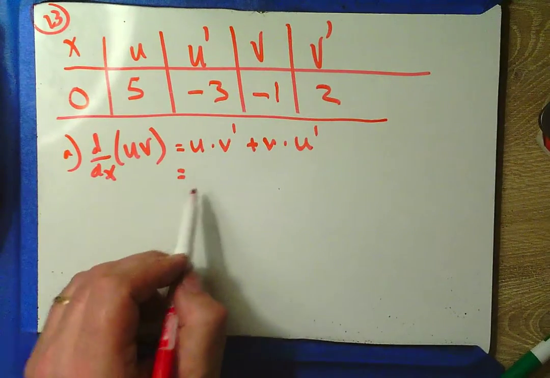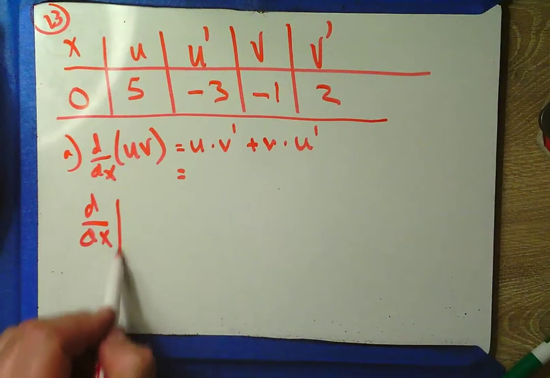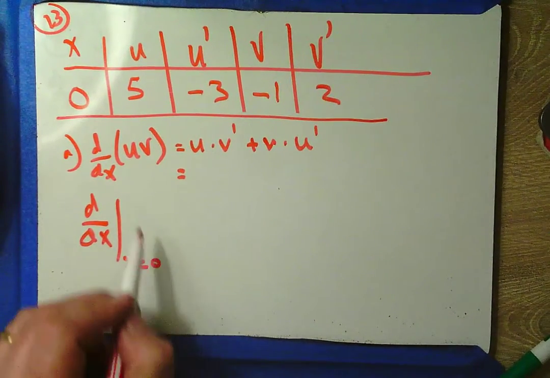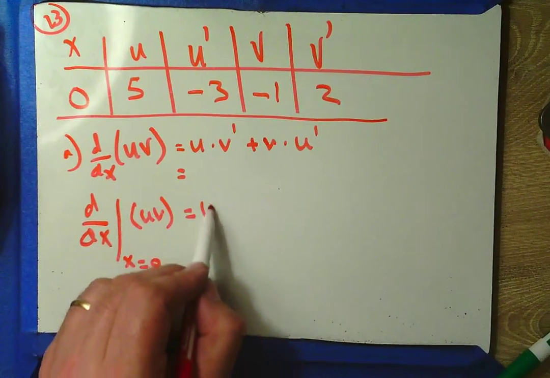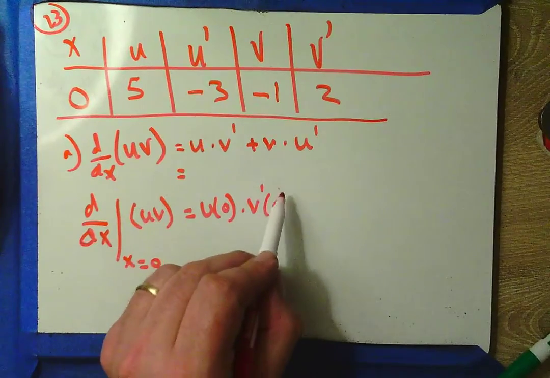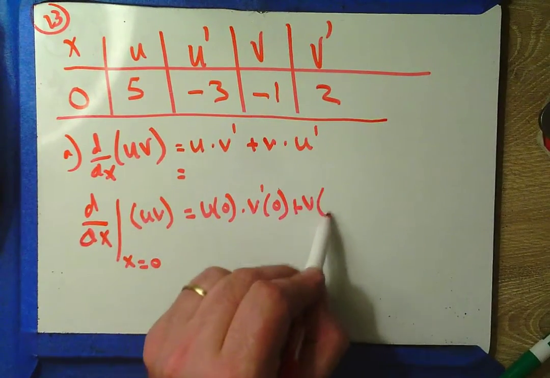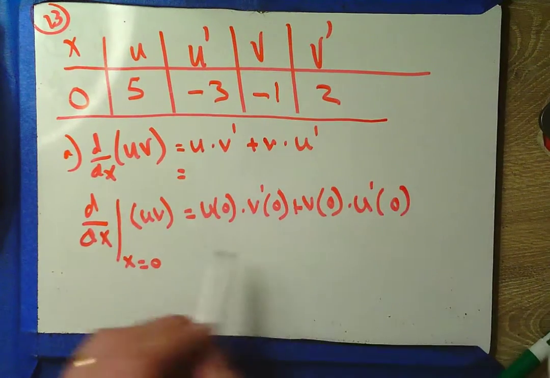And really what we're doing, since we want to know d dx at x equals 0 of u times v, we're really looking at u of 0 times v prime of 0 plus v of 0 times u prime of 0.